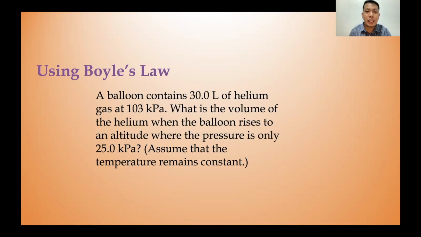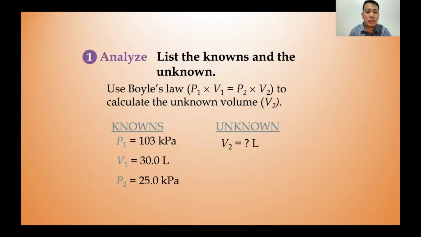So there are certain steps that you have to remember in order for you to solve problems in gas law. First is you have to analyze. Of course, this is very basic. You have to list the known and the unknown. So for the known, based on the problem, we have P1, 103 kilopascal, V1, 30 liter, and P2 is 25 kilopascal.